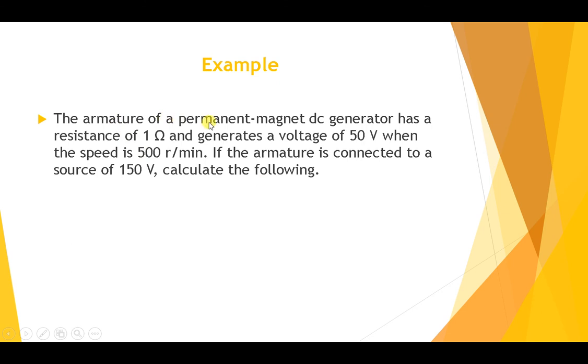Meaning we have an armature of a permanent magnet DC generator that has a resistance of 1 ohm and generates a voltage of 50 volt when the speed is 500 rpm.